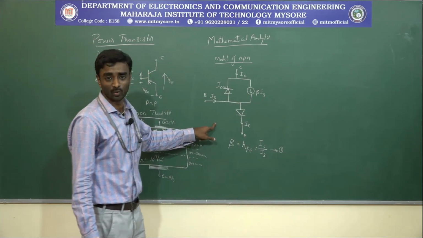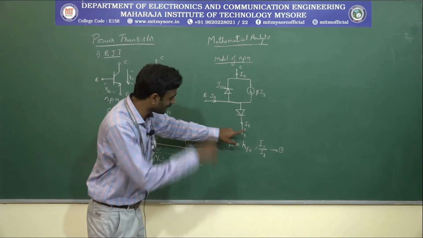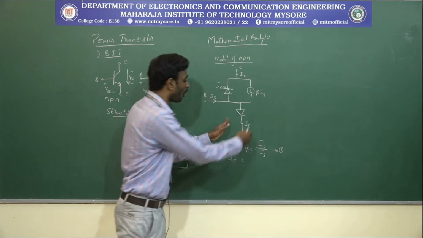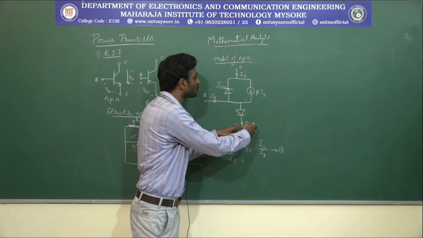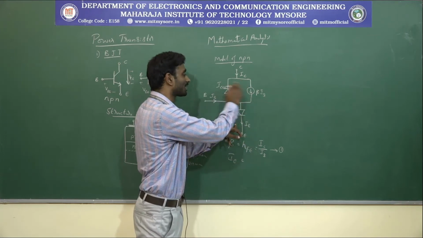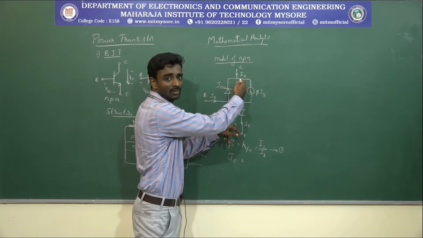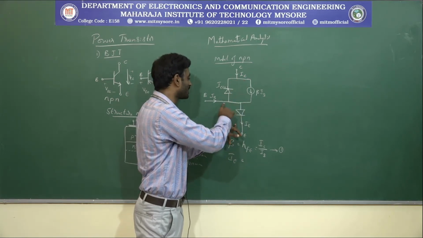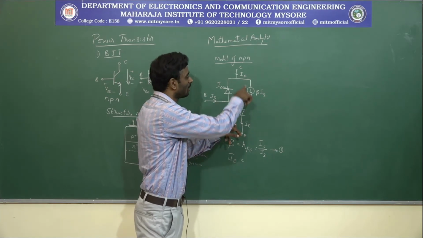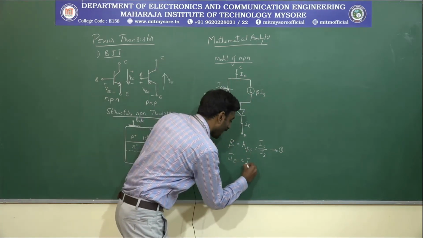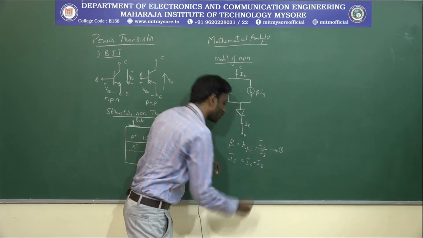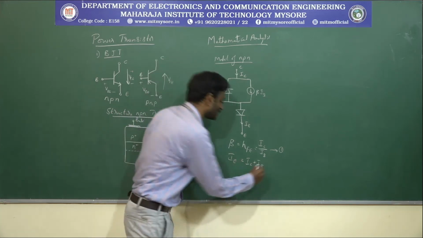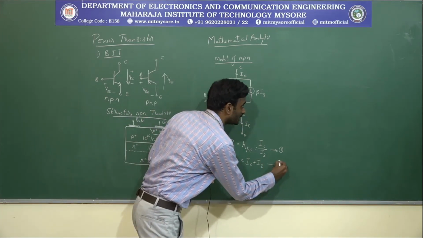And when you want to find the total current, it is gathered at the emitter current, that is IE. So to get the emitter current, you should calculate the values of whatever current is available in the above flow of the circuit. The different currents flowing across this are the base current and the collector current, that is IC plus IB. So the total current, the emitter current, will be equal to the collector current plus the base current. This will be considered as equation 2.